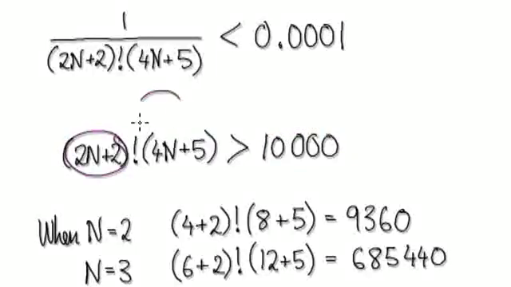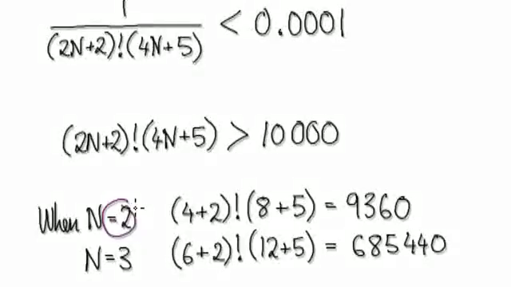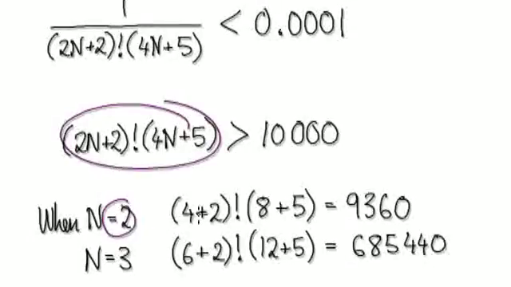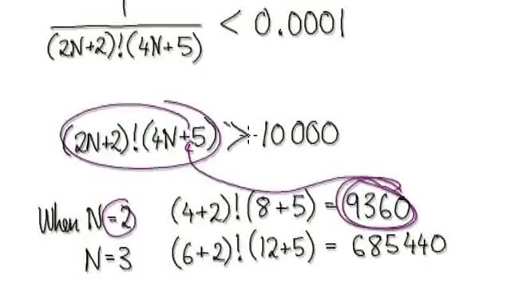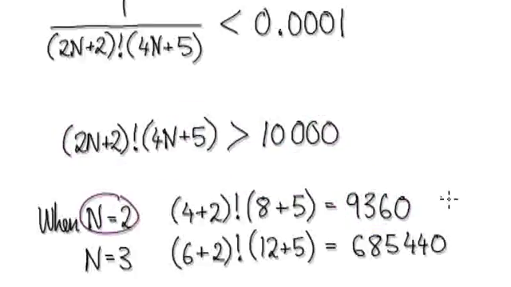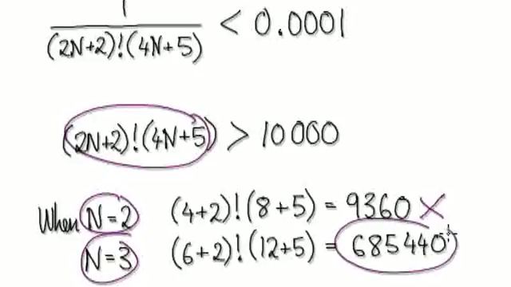So because of this factorial thing, we don't have an elegant way of solving this. So we have to guess. So when n equals 2, this whole thing here equals this. Well, this thing here is not bigger than 10,000. So when n equals 2, it's no good. When n equals 3, this whole thing here is this.